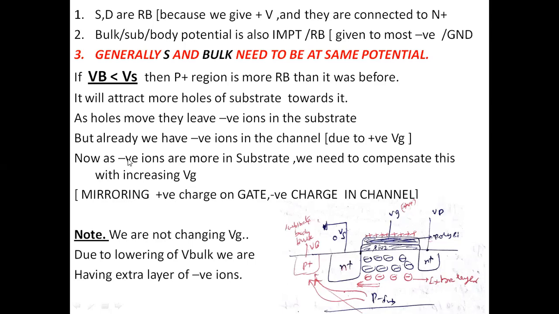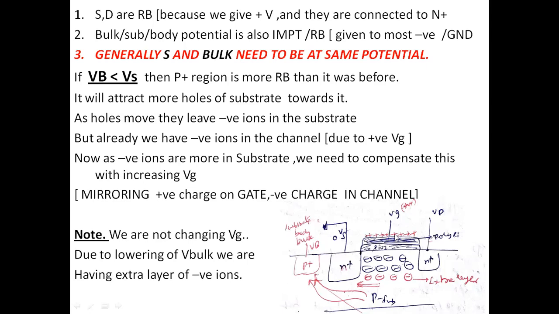Now as negative ions are more in the substrate, we need to compensate for this by increasing Vg. Why? Because whatever number of electrons there are, the same number of holes, or positive charges, should be present at the gate terminal.